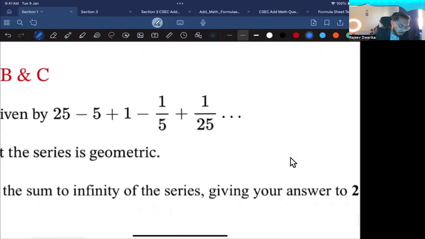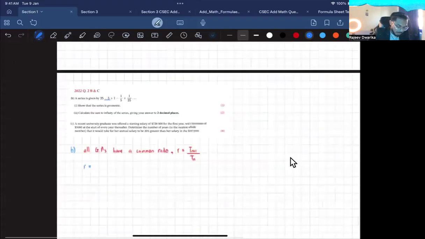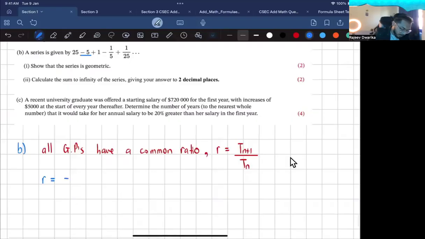Nope, that's not true. This is -5. Be very careful of that. So -5 divided by 25 is minus 1/5. Okay.